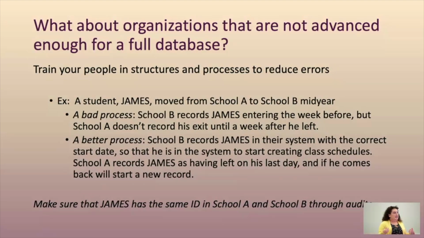And now, you as the data person have this student, James, who is in both school A and school B for a 2-week time period. And that doesn't make any sense. They are clearly only in one school at a time, so we have to come up with a better system for school A to properly enter their student into their accounts, and school B to properly exit their student from their accounts so that our dates don't overlap.